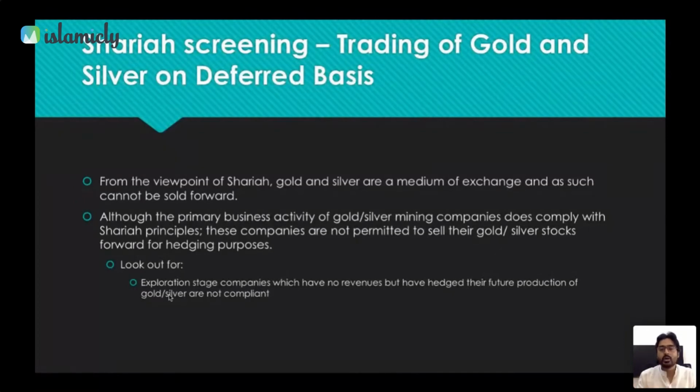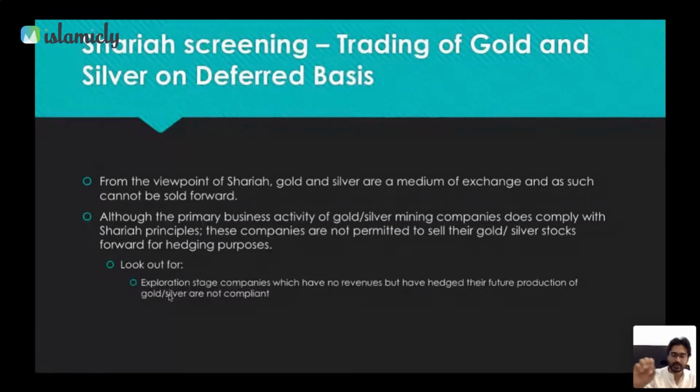A lot of gold mining companies especially are likely to hedge their production of gold, because from the time they get the mining contracts to the time they get actual gold in their hand, there's a big time lag. So when they win the contract, they see the price is good today and they get into a contract with a buyer saying, I will deliver to you this many ounces of gold or silver and I am fixing the price right now.